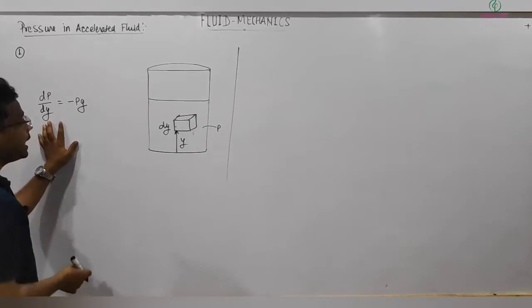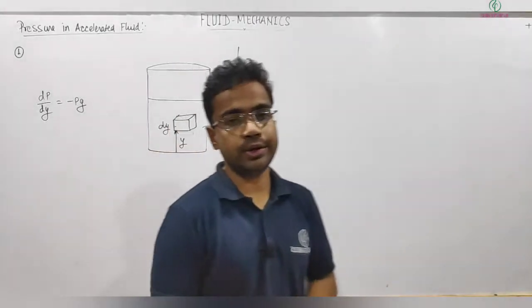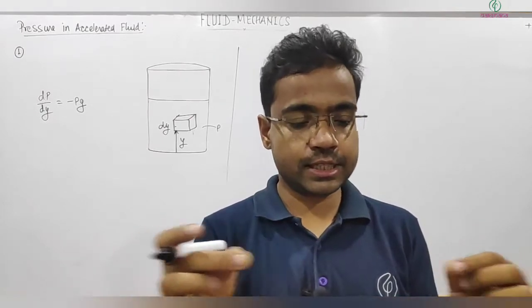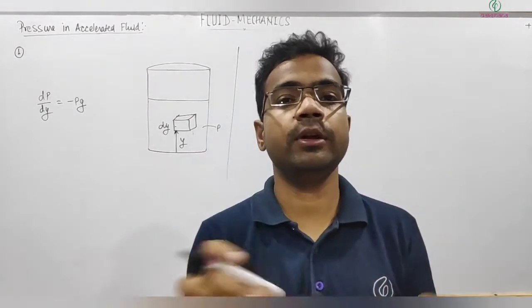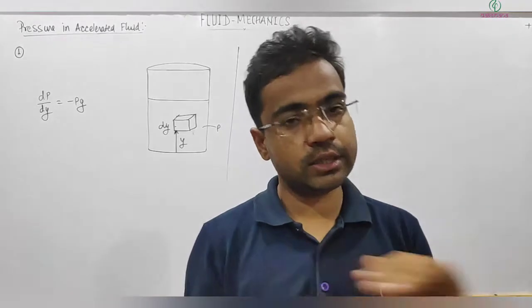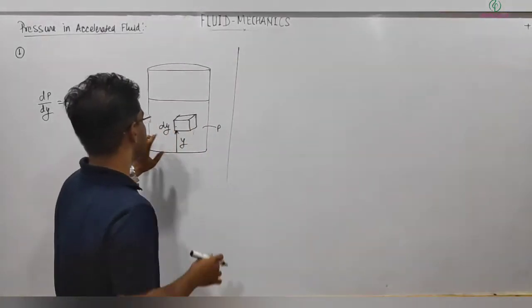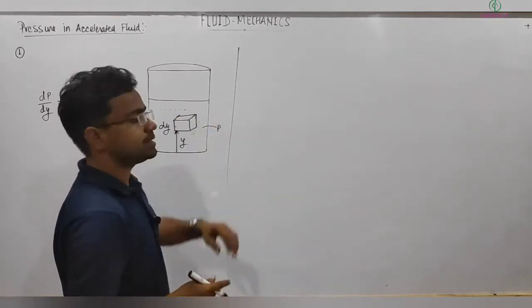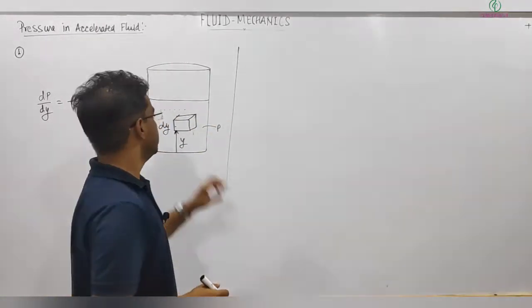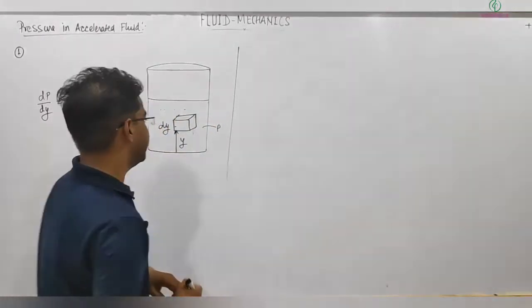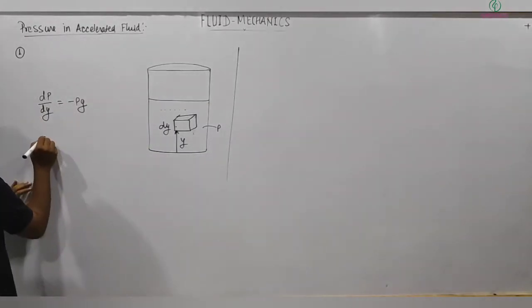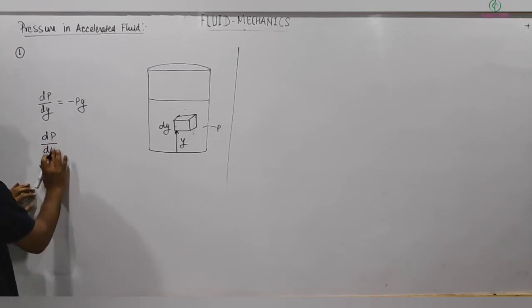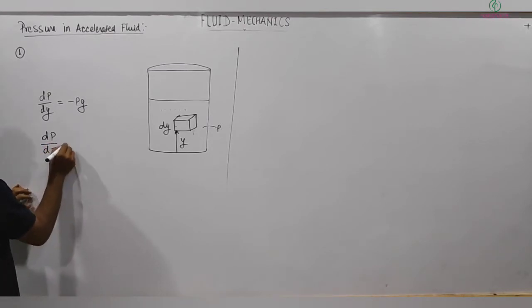By the property of fluid, I told that pressure at the same level will be equal at all points in the fluid. If all these points are in the same liquid at the same level, then pressure will be equal. So I can write pressure variation dp by dx will be equal to 0.